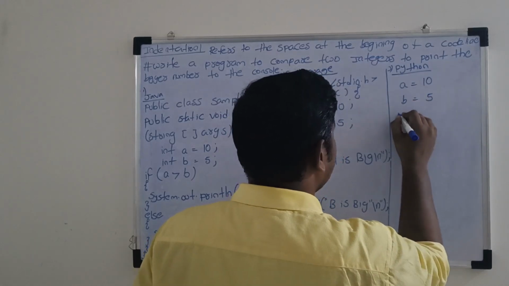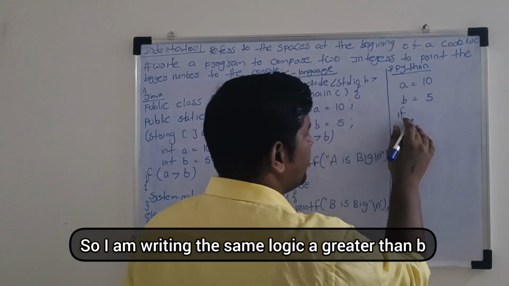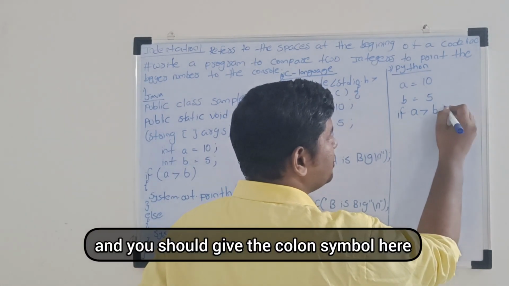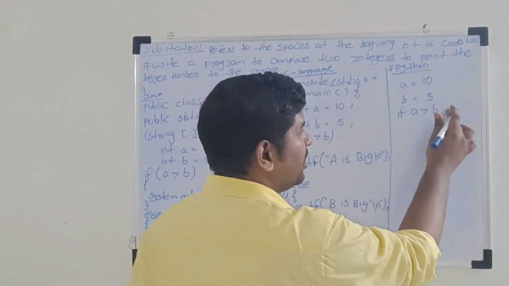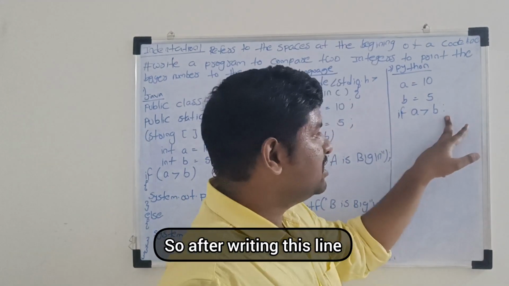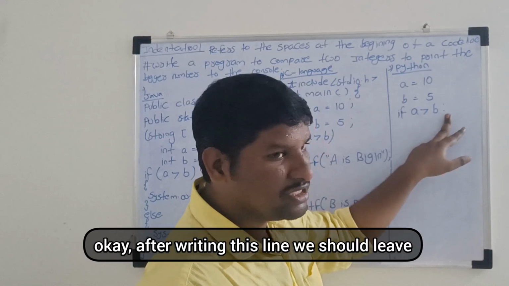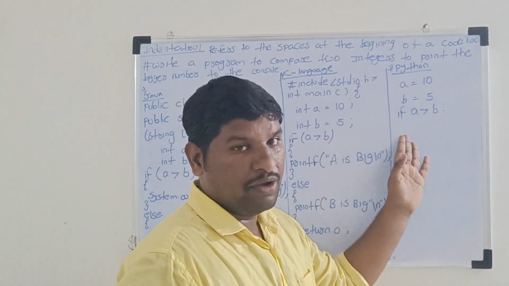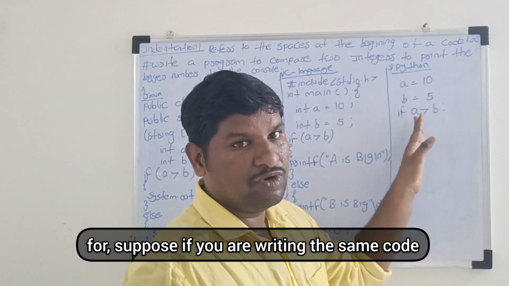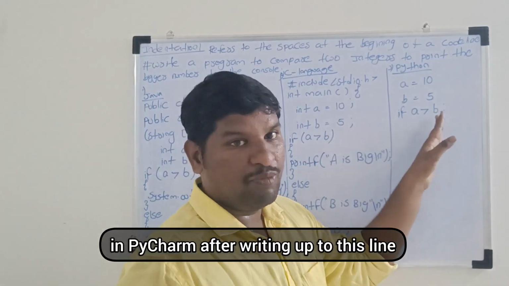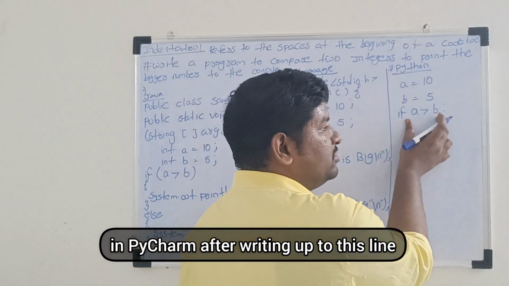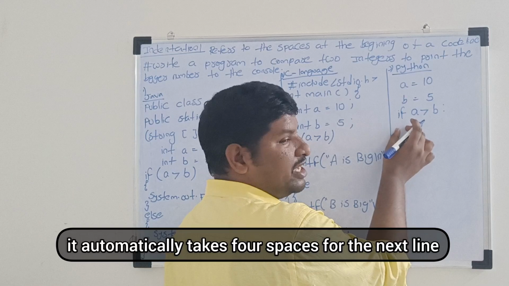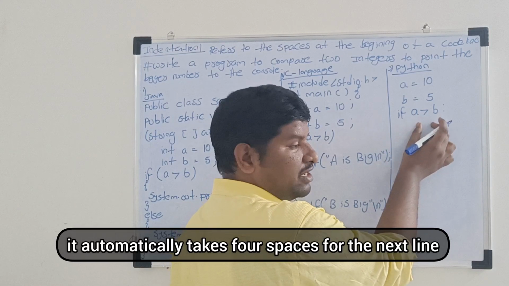Next, if a greater than b, and you should give the colon symbol here. After writing this line, you should leave some space for the next line. If you are writing the same code in PyCharm, whenever you press enter, it automatically takes 4 spaces for the next line.